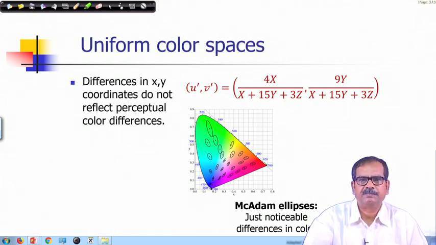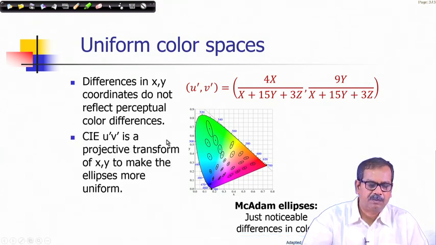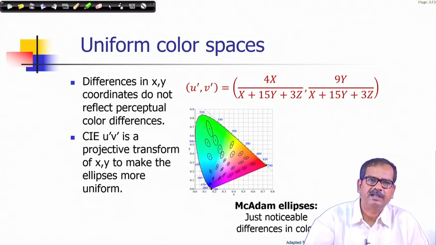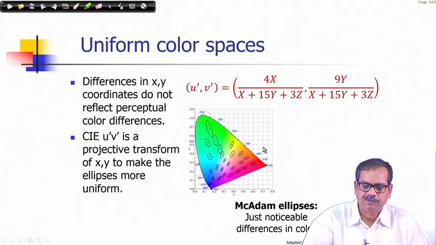Again, it is a chromaticity space representing only the chromatic components, and the transformation from the x y z coordinates of the color representation has been shown here. The point to note is that it is a projective transformation of x y to make the ellipses more uniform.